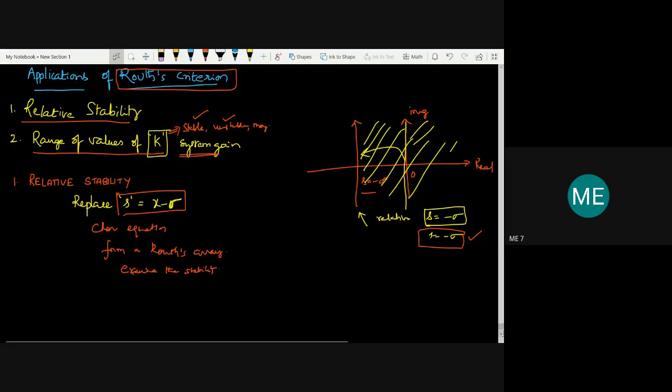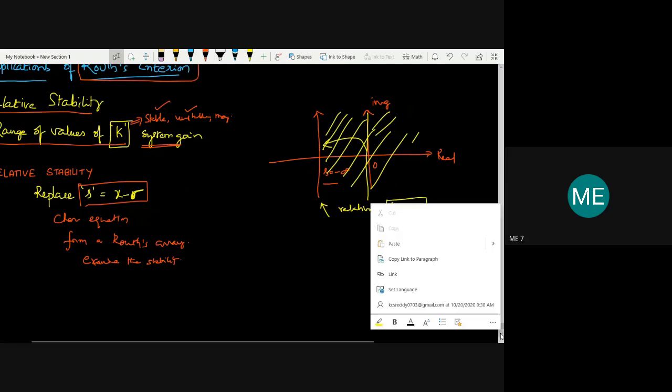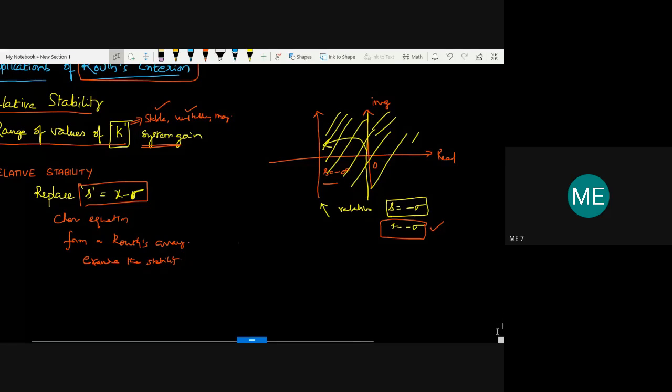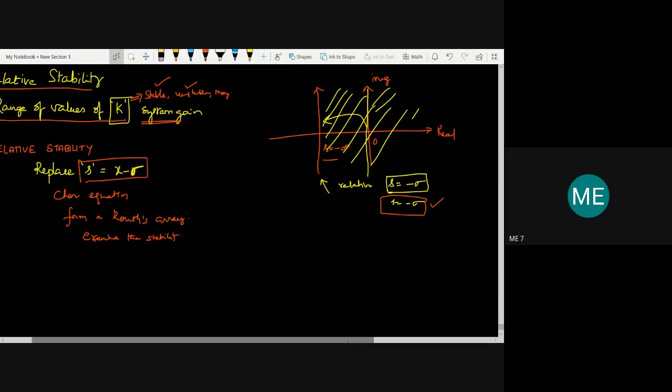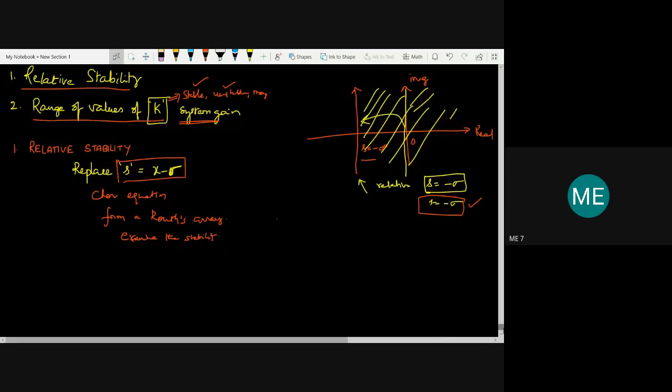Now coming to the second application, which is the range of values of k. Here k talks about the system gain.